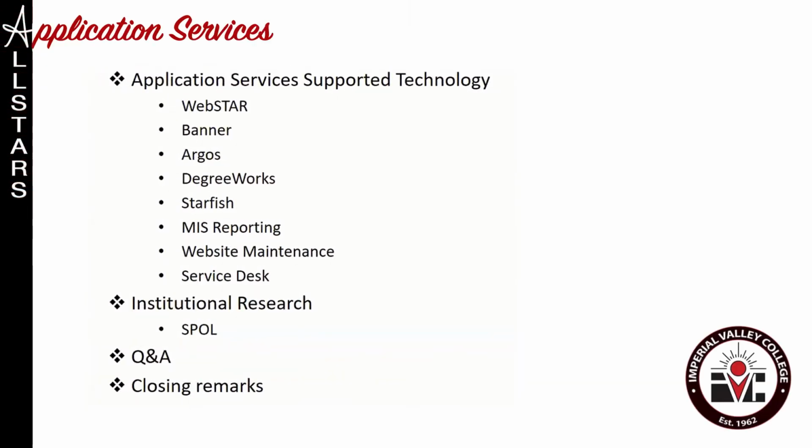So we cover a lot of different systems on campus. Those systems got purchased back over the years at different times. Our core system is Banner, and Banner is a system that houses students, financial aid, HR, finance, accounts receivable, position control.